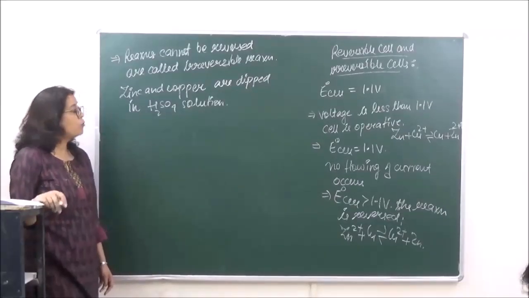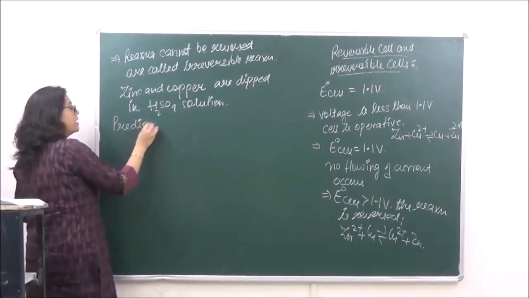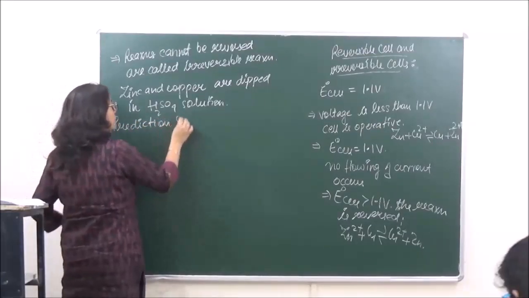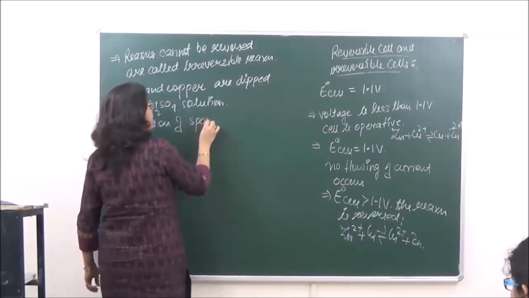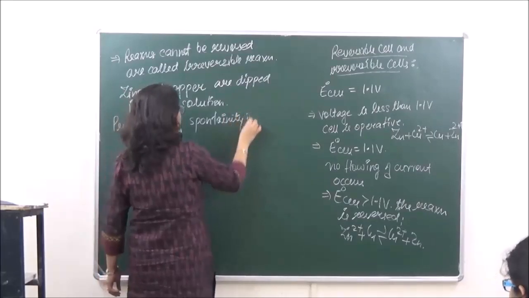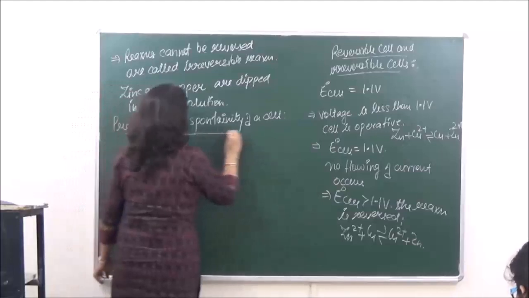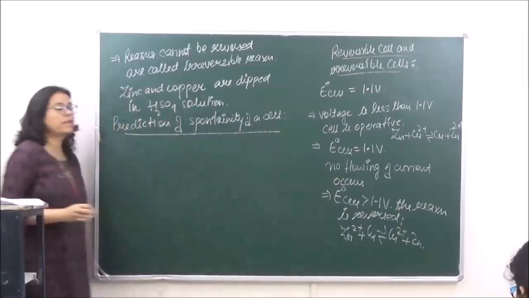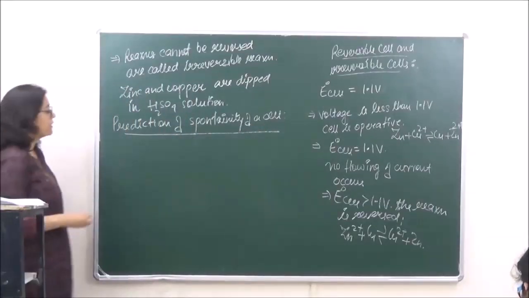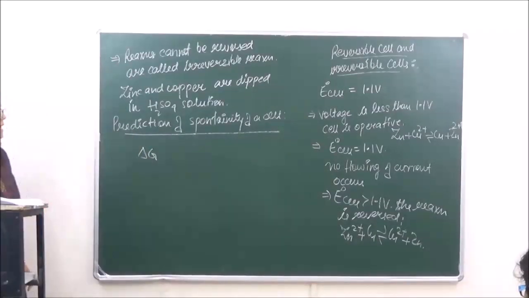Now when we are talking of any galvanic cell, we also spoke about one thing, which is spontaneity of a cell. How do we predict whether the reaction is spontaneous? Prediction of spontaneity of a cell. We know that when we are talking of delta G for any reaction to be spontaneous, the free energy change should be negative. Okay.